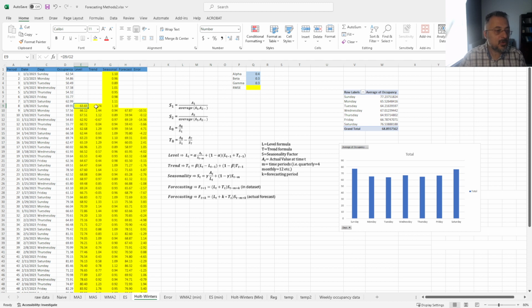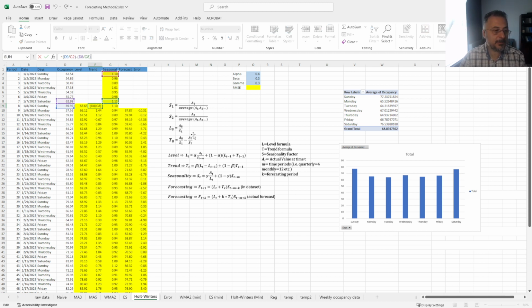Next is calculating the trend, T8. Period 8, T8 is here. How do you calculate that? You take D9, which is the actual value here, divided by season 1, similar to level, right? However, we have additional things: minus the period before, which is actual 7, divided by season 7.